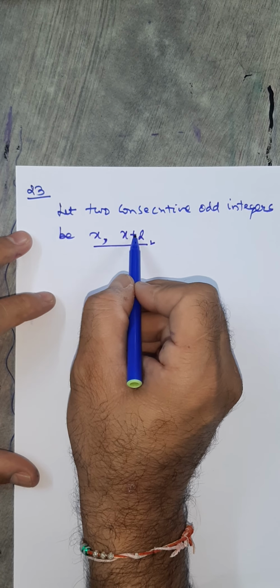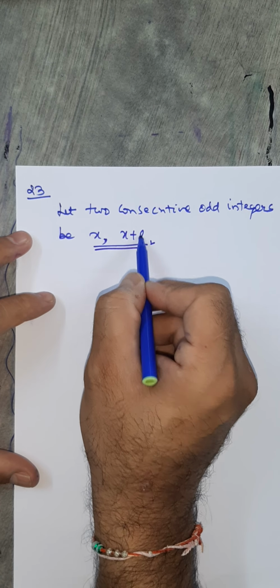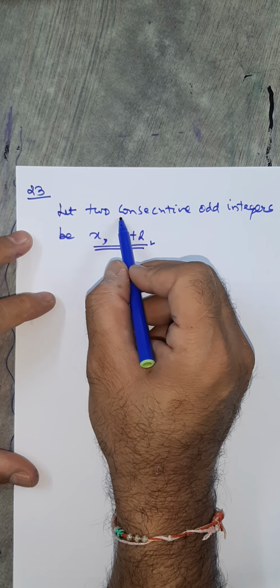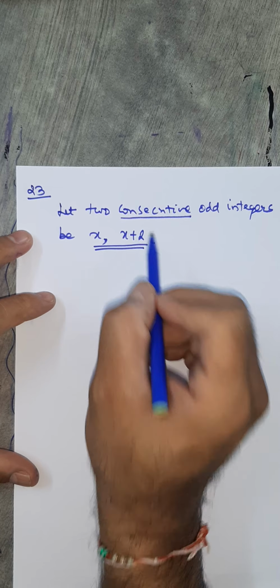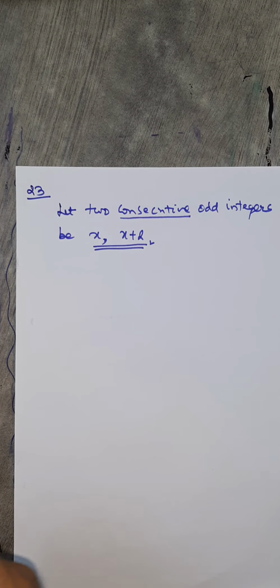So if this is 1, then this is 3. If this is 3, then this is 5. You cannot write plus 1. Consecutive odd integers means what? One by one. If this is 7, then this has to be 9. So you have this. What do we do? We find x and we place it there.